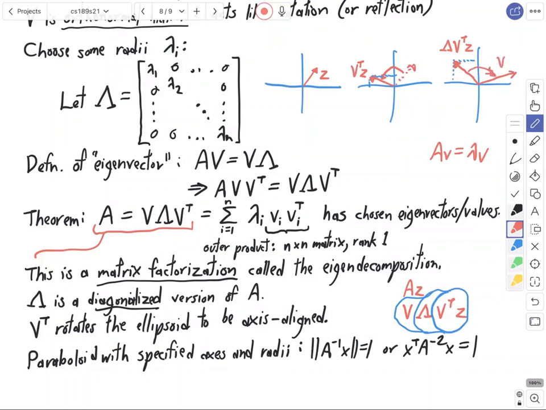And that gives us V lambda V transpose Z, which is equal to AZ. So I think of it as 3 steps: rotate, stretch along the coordinate axes, rotate back.